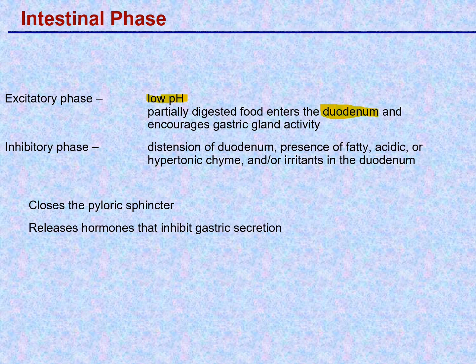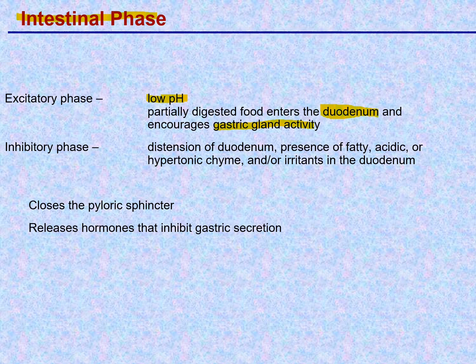And that will encourage gastric gland activation and increase activity of gastric glands. The enteroendocrine cells and the other cells in the gastric gland will be more excited during this intestinal phase as food starts moving into the duodenum. If there's inhibition, it's because the duodenum is stretched.